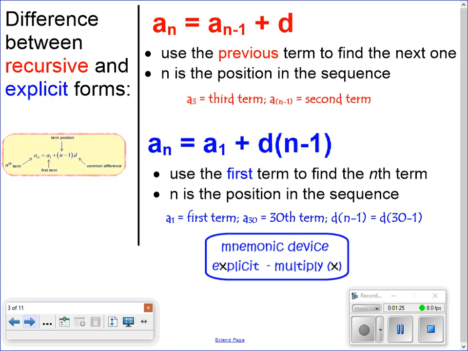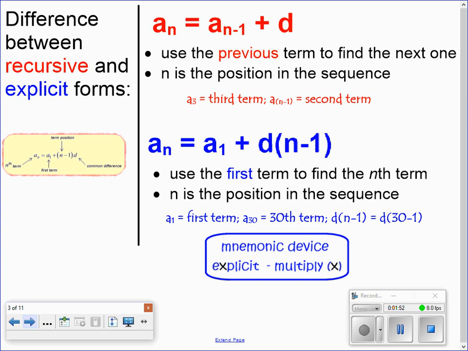The difference between the recursive and the explicit formulas: remember that the recursive formula uses the previous term to find the next one, so you must know the term that comes before the term that you're looking for and the common difference. This is good if you're looking at numbers that are on the lower end of your sequence, or if you're wanting to list out the first few terms in your sequence.